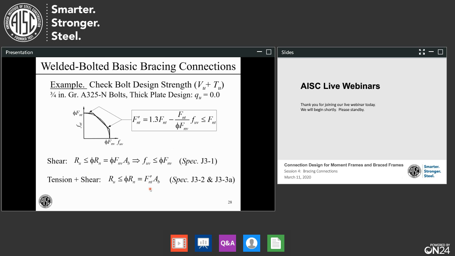Now F sub n t primed comes from our interaction curve. We have shear on the x, tension on the y. F sub n t primed is this. This first expression is this sloping line, and of course, this can never go above just phi times F n t. So I have this less than or equal to over here on the right.